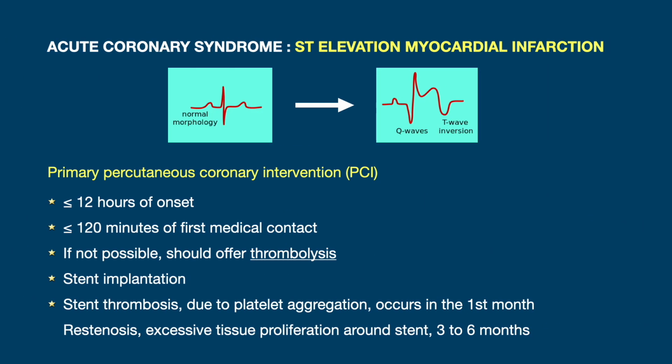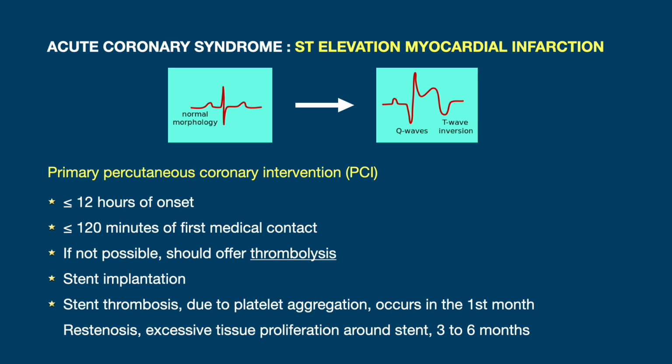The STEMI criteria: clinical symptoms consistent with ACS, generally 20 minutes duration and more, with persistence more than 20 minutes, and ECG features in more than 2 contiguous leads of 2.5 mm ST elevation in leads V2 to V3 in men under 40 years, or 2 mm and more ST elevation in leads V2 to V3 in men over 40 years. 1.5 mm ST elevation in V2 to V3 in women, 1 mm ST elevation in other leads. New left bundle branch block should be considered as a myocardial infarction unless there is evidence otherwise.